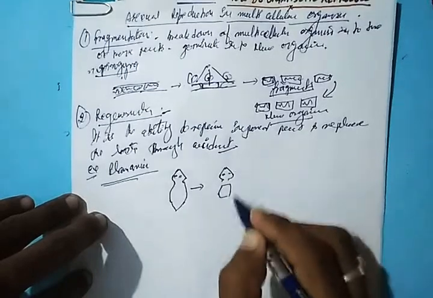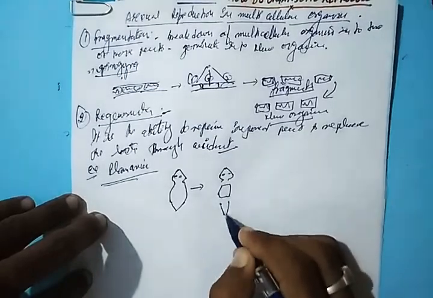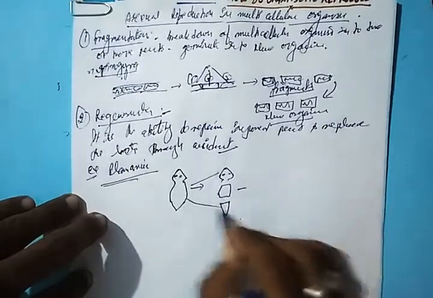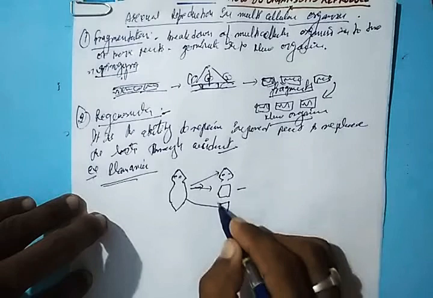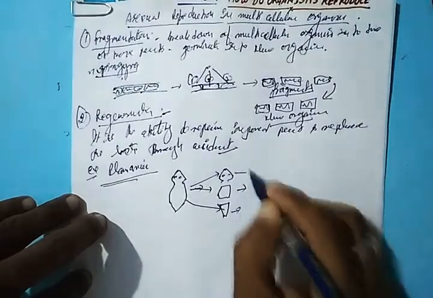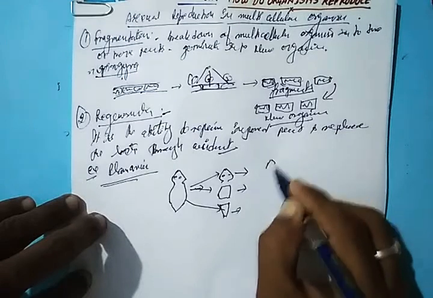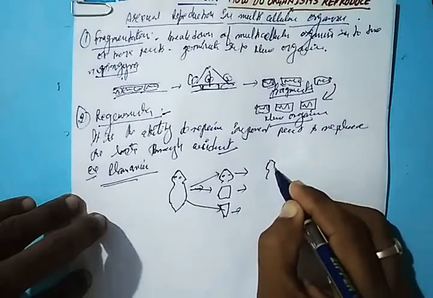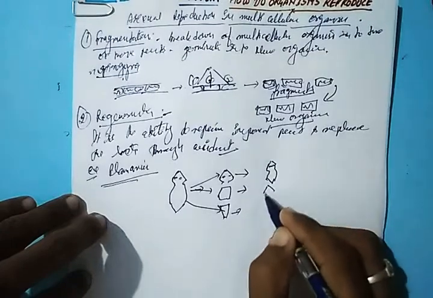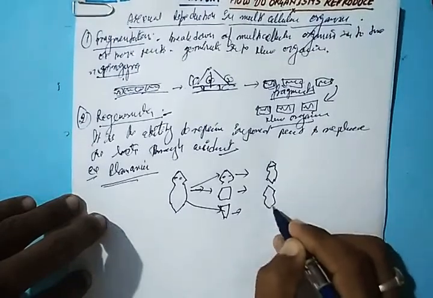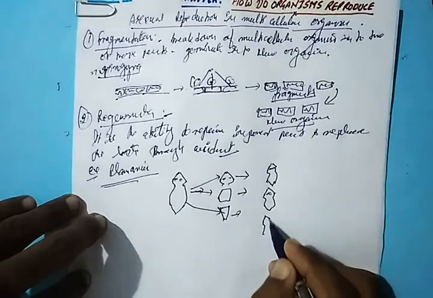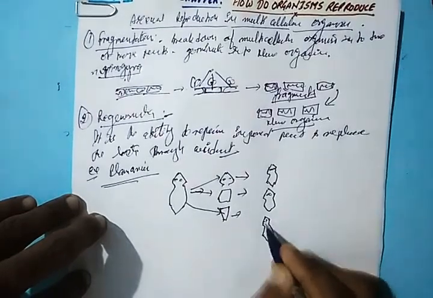Suppose it is the first part and it is the second part, and planaria has the ability to grow. Each part of the planaria grows into a new organism. After some time it will grow into a new organism.